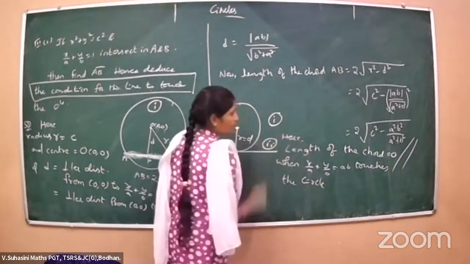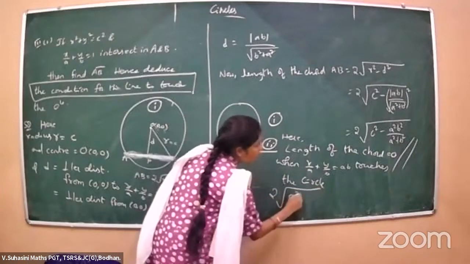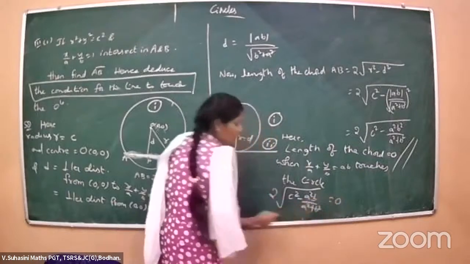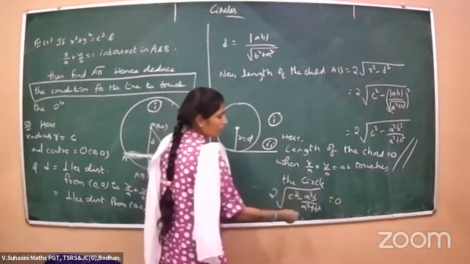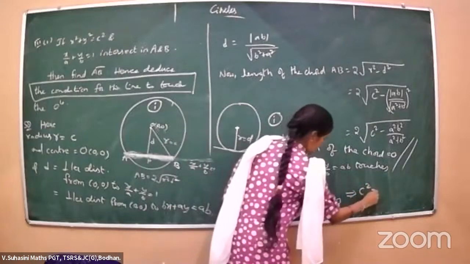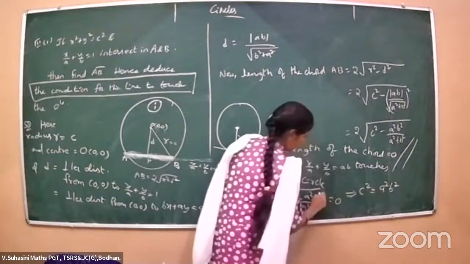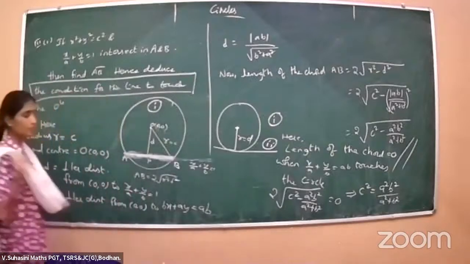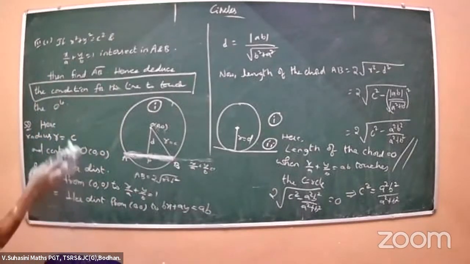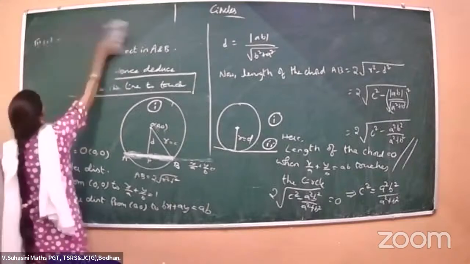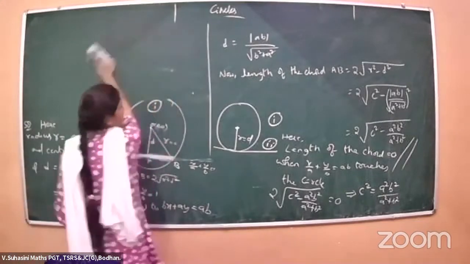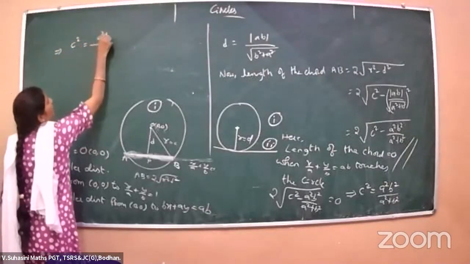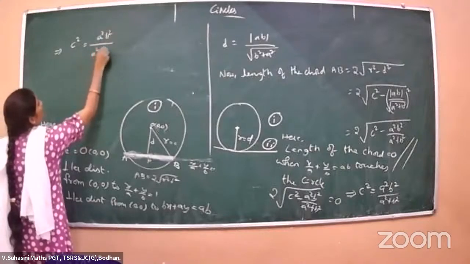Here, 2 times root c square minus a square b square by a square plus b square equal to 0. Taking 2 onto the other side, squaring on both sides, we will get c square is equal to a square b square by a square plus b square, is the required condition. Or you can simplify and write it.